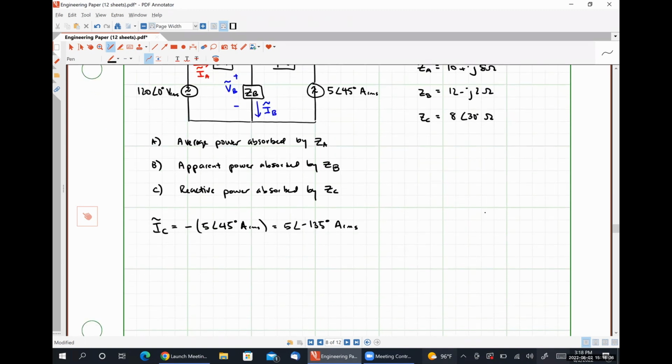From this, the complex power absorbed by element C, or impedance ZC, is the magnitude of the current flowing through C squared times ZC. So that's going to look like 5 amps RMS quantity squared times 8 angle 30 degrees ohms.